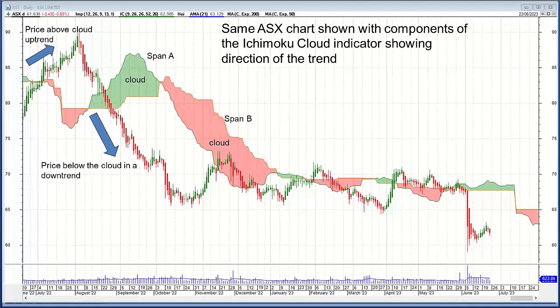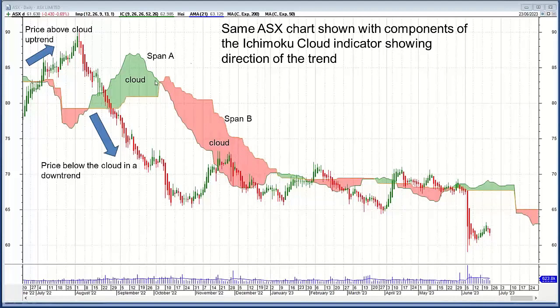As the price starts to come into the cloud and it flattens out, that's a sign that we're in consolidation and there's not really that much happening. And you'll see that, again, the dynamic momentum, dynamic resistance support, it bounces off the cloud, weak support, drops, bounces off the major resistance there, span B, bounces around in the cloud and drops below again.